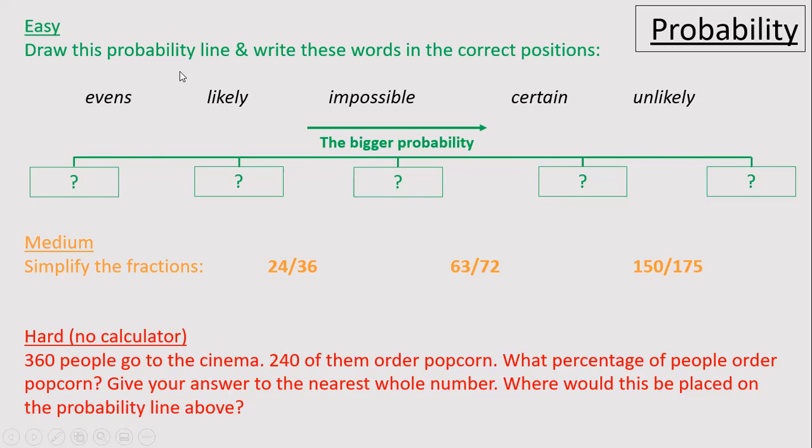So you draw the probability line and write the words in the correct position. You've got evens, likely, impossible, certain, unlikely. So you need to mark these words into the correct boxes. If you could give that a go now, and then pause the video.